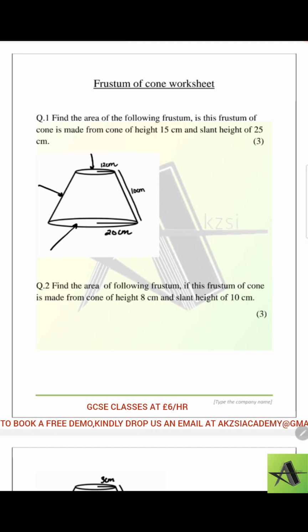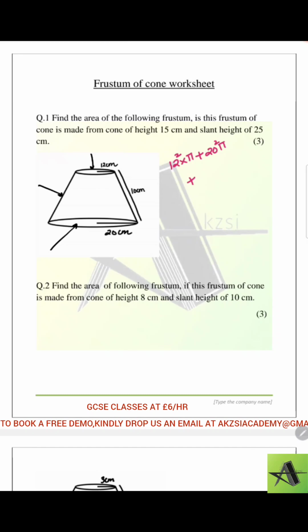The upper one and the bottom one are basically the circles, so we have to calculate the area of the circles. So this is going to be pi r squared. So 12 squared pi would be the area for the upper part. Area of the lower part is 20 squared pi, plus. Now we have to calculate the curved surface area of this one.